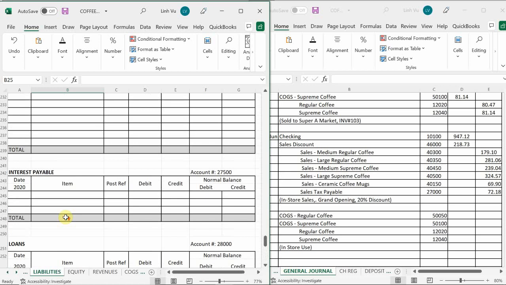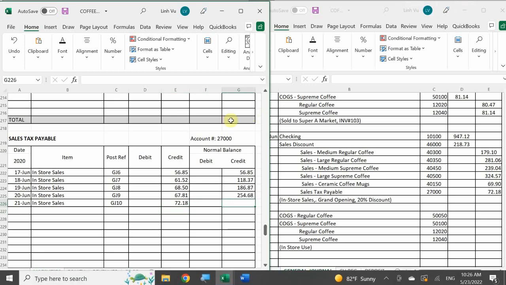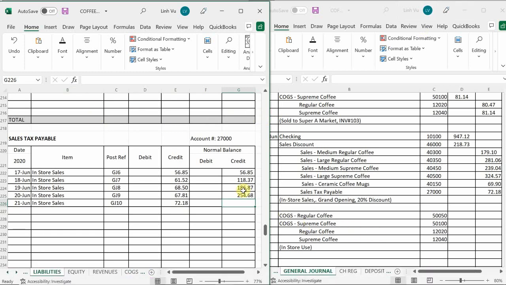Okay, so here you go, sales tax right here. How much did we get? Sales tax payable, we have 72.18. Okay, so this one, we take it from the 254, correct?